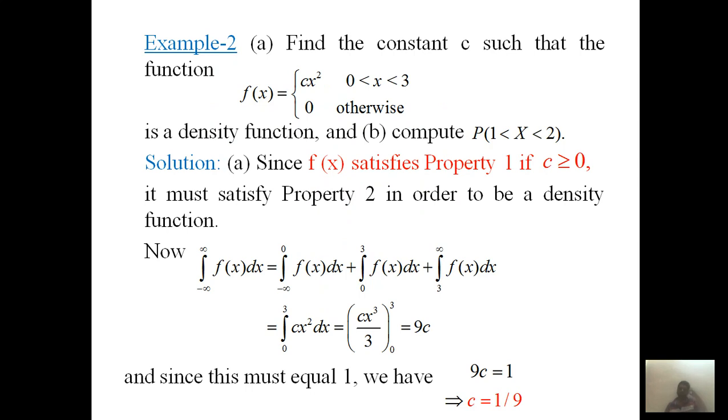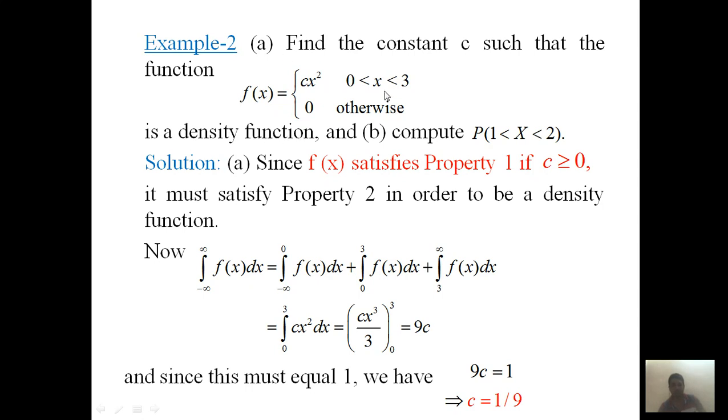Let's see the second example. Find the constant c such that the function f(x) equals c x square when x is between 0 to 3, and takes the value 0 otherwise, is a density function.